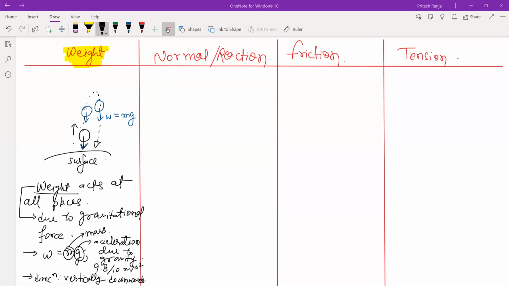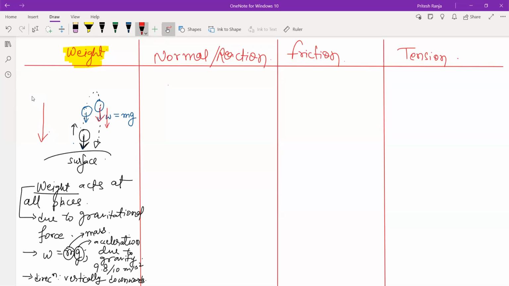सो लेट अस सी द वेट क्या है. वेट इज अ फोर्स विच इज एक्टिंग इन द डाउनवर्ड डायरेक्शन, है ना. क्यों डाउनवर्ड डायरेक्शन में एक्ट करेगा? जिस डायरेक्शन में फोर्स होगा उसी डायरेक्शन में तो ऑब्जेक्ट मूव करेगा. तो हम क्या देख रहे हैं, whenever we are throwing the object up, the object is coming down.